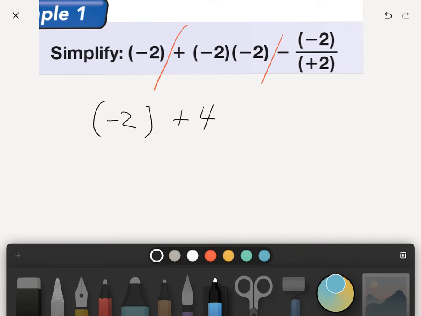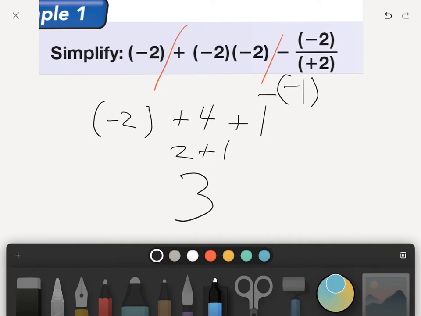And -2 divided by positive 2 is going to be a value of -1, but we have a negative sign for that, so two negatives making a positive 1. So now we can combine our value of -2 with positive 4, which gets us a positive 2, plus 1 gets us 3. Ta-da!